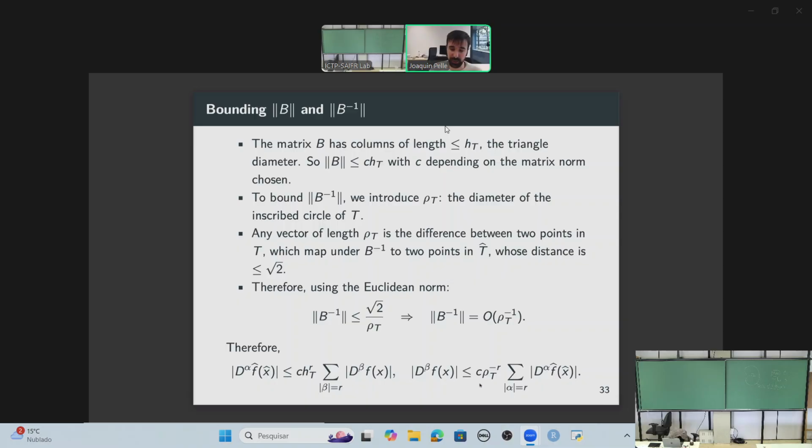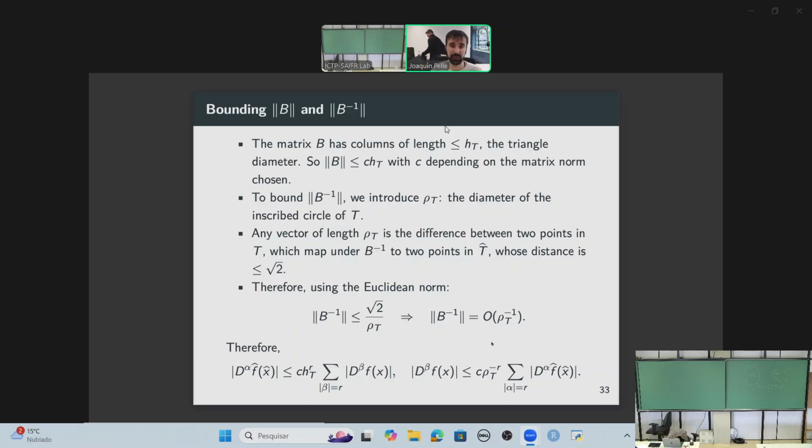Now, when we use the inverse map, we have to use this bound here in terms of the radius of the inscribed circle. So yeah, this gives us a way to bound derivatives on one side in terms of the derivatives on the other side.